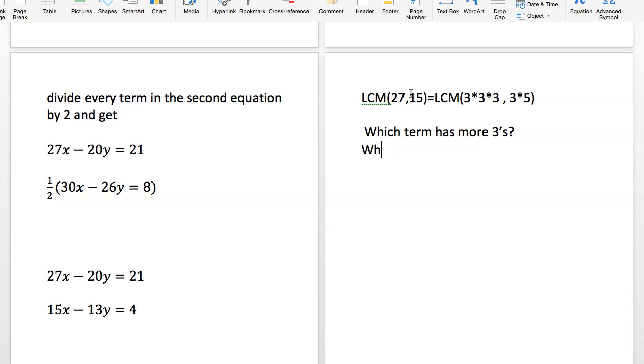Which term has more 5's? Well, obviously the first one, the 27 term. And then which term has more 5's? Evidently the 15. 27 doesn't have any.